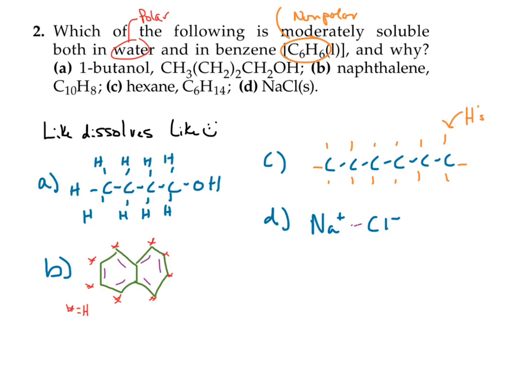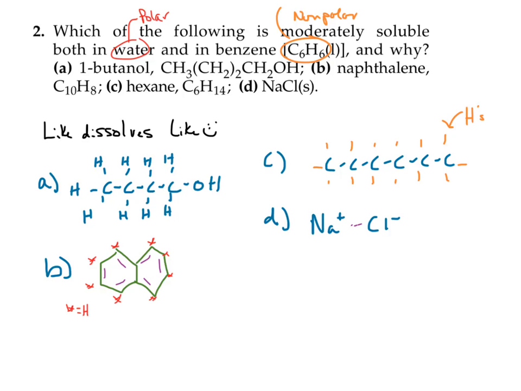So for number 2, you have 2 solvents, not only water, which is polar, but also benzene, which is nonpolar. And you have A through D, and you're supposed to say which of them is moderately soluble in both.